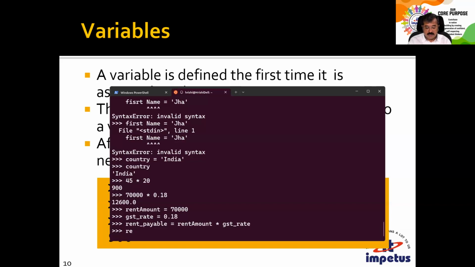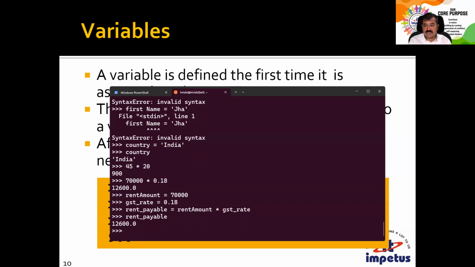If I now say rent payable, it gives 12,600. That was not the rent payable, it was only the GST. So my formula has gone wrong. I could have said rent amount plus rent amount into GST rate, but it would be more meaningful if I use brackets.